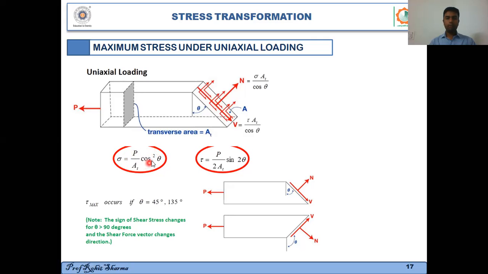So normal stress will be maximum when theta is equal to 0, and when is theta equal to 0? When you put a perpendicular or transverse cut. So in case of a transverse cut, your normal stress will be maximum.